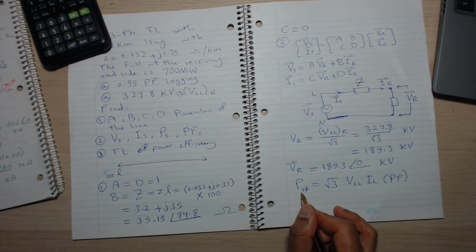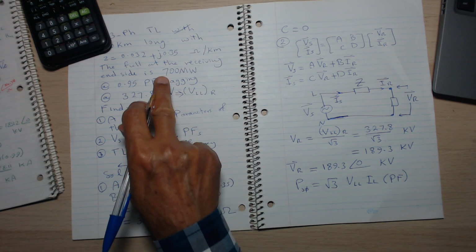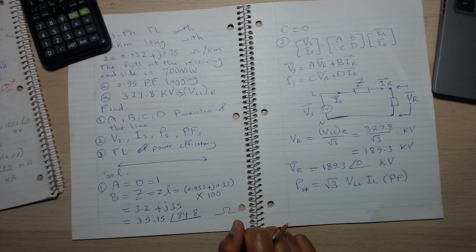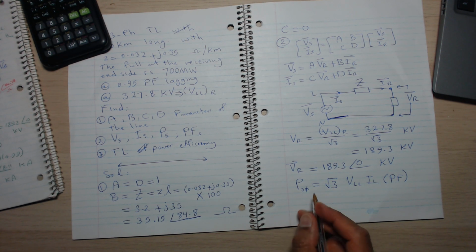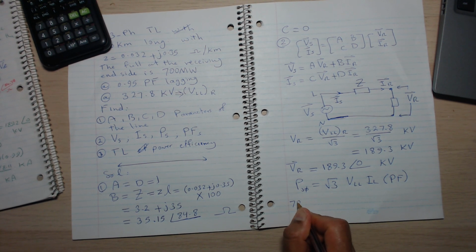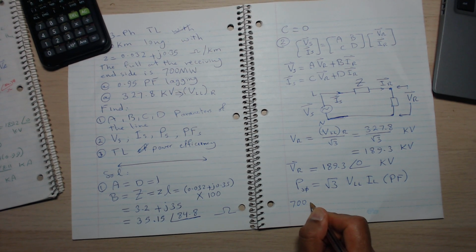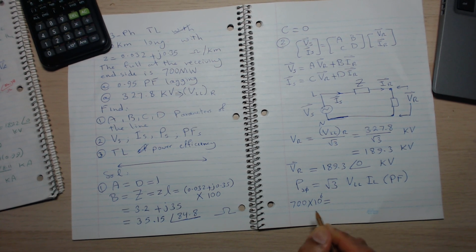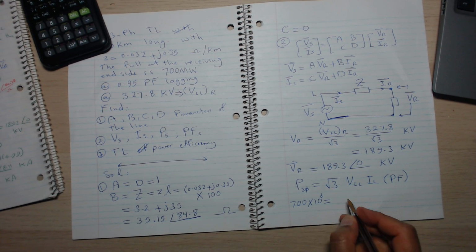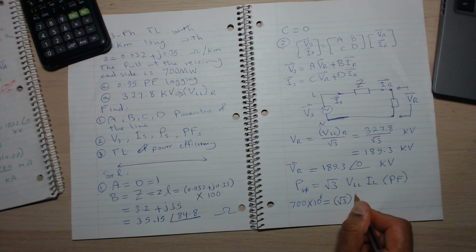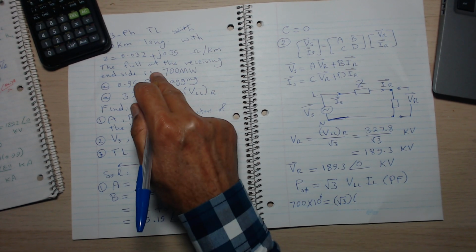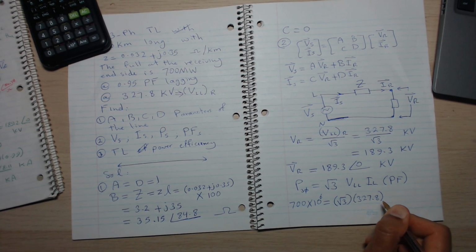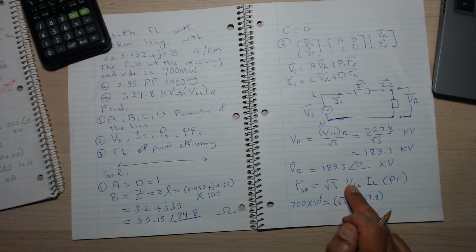So the power is given for the receiving end side, so all the quantities here should be receiving side quantities. So here the power is given to be 700 mega, so you can write 700 times 10 to the power of 6, so we convert it into watts, equal root 3 times V line to line at the receiving side, which is given 327.8, and you need to change this into volts.